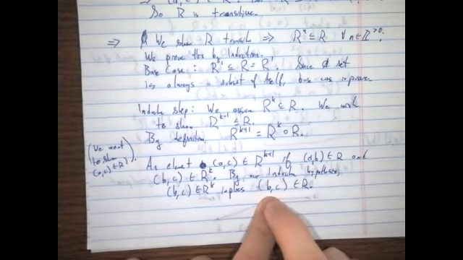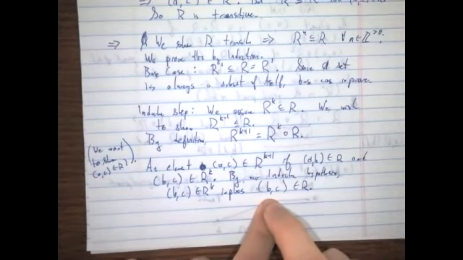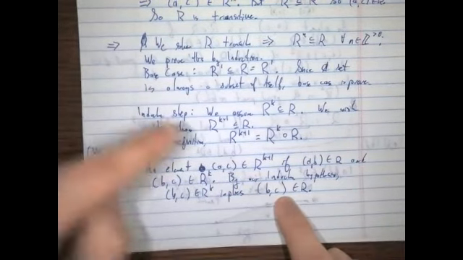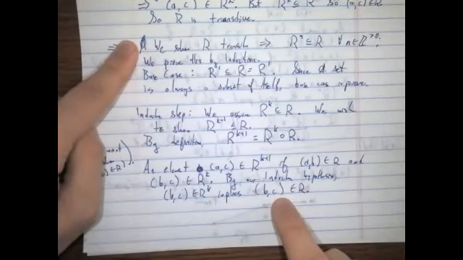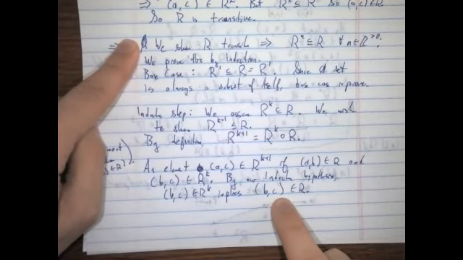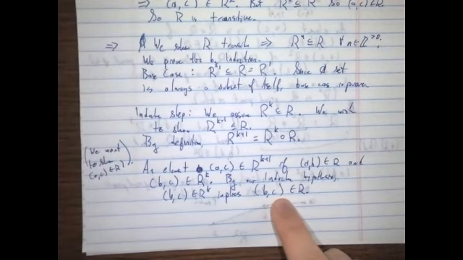(a, b) is in R, (b, c) is in R. Why can I say that (a, c) is in R? We are assuming something about the relation R. Yes, R is transitive.